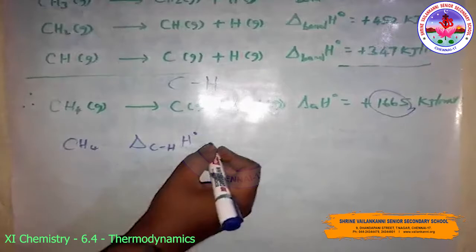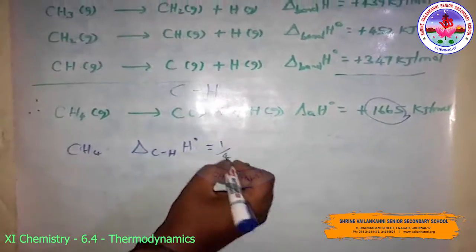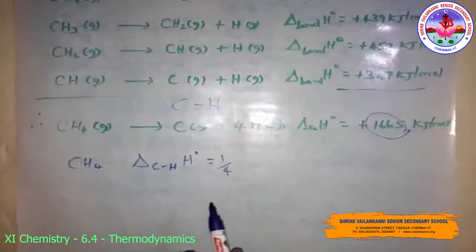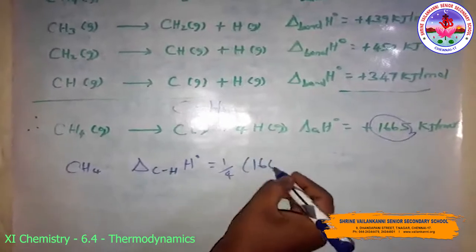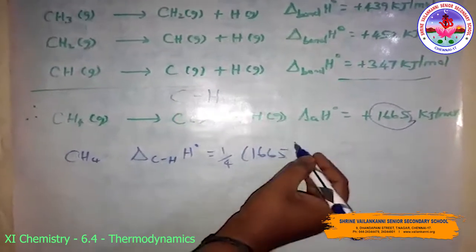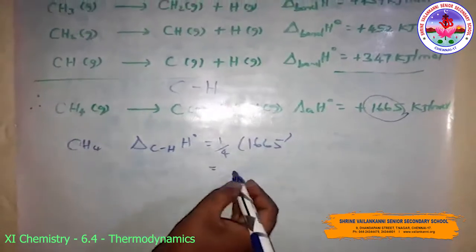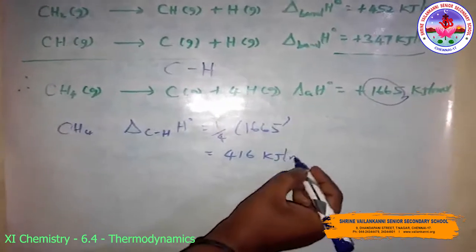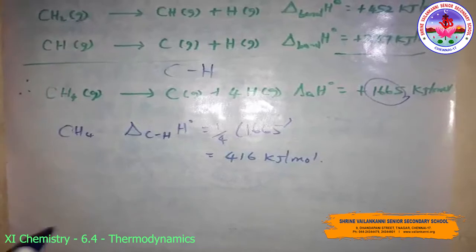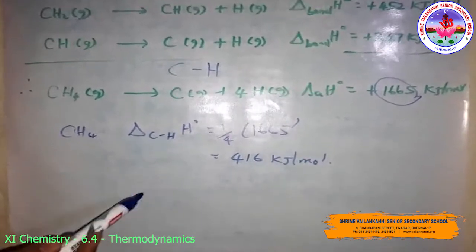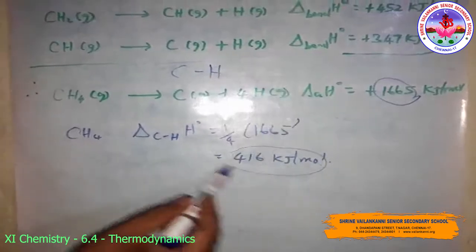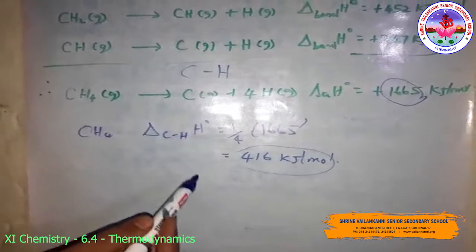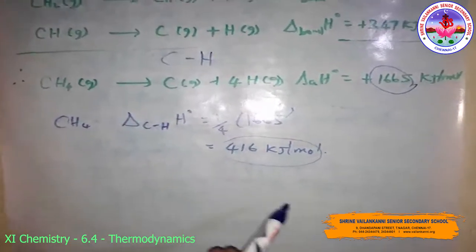The CH enthalpy is 1 divided by 4, because CH4 has 4 steps, into 1665 kilojoule per mole. So we will get the value approximately 416 kilojoule per mole. So we find the mean CH bond enthalpy in methane is 416 kilojoule per mole.